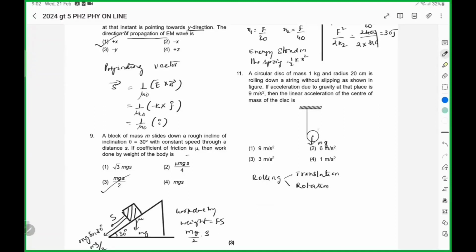It translates because of its own weight, so tension acts in the upward direction. So the equation related to translation is this. Here it is rotation, calculating torque with respect to the center of mass.